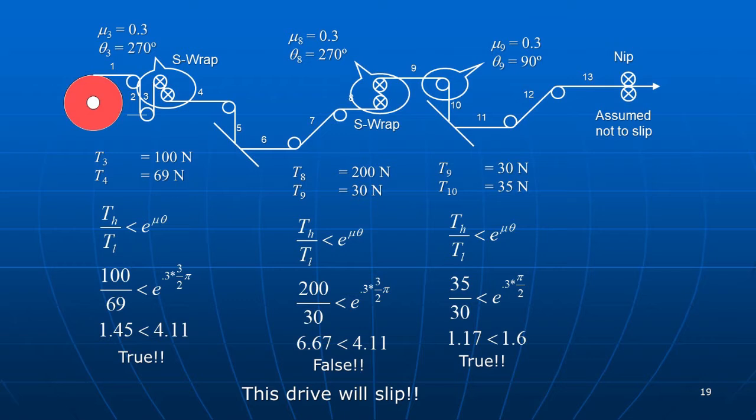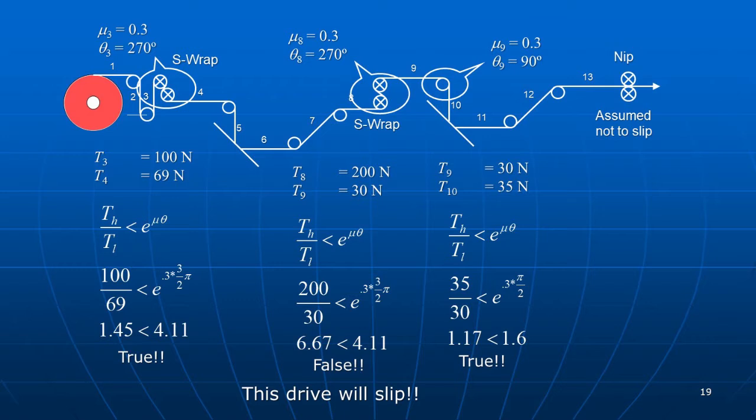Our TH over TL is 100 over 69, or 1.45. Our e to the mu theta value for the wrap angle and coefficient of friction that we're given is 4.11. So our tension ratio is much less than our e to the mu theta value, so this will not slip. In fact, we've got a very generous safety factor here for this one.